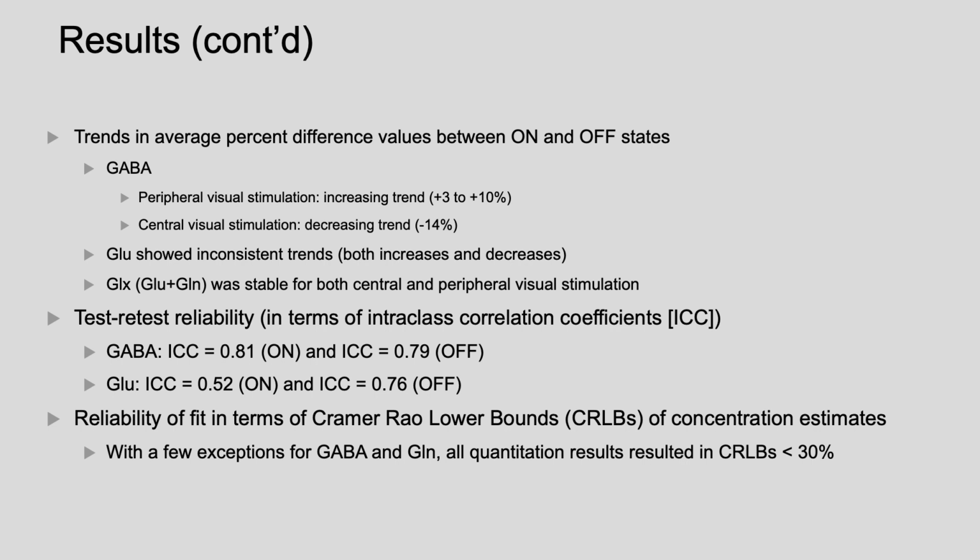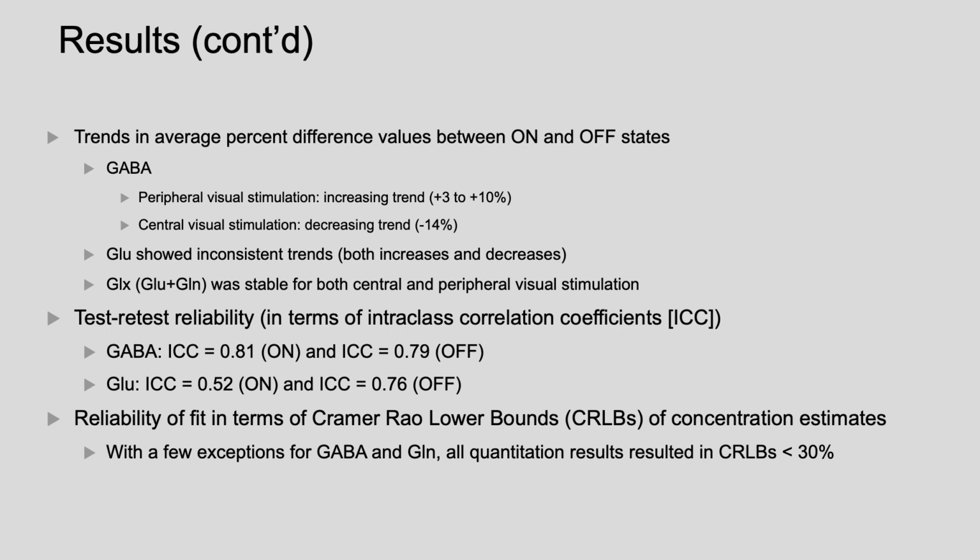However, glutamate did not show a consistent trend, either decreasing or increasing with any type of peripheral or central stimulation. However, the combination GLX was stable in both the central and peripheral visual stimulation. Again, the retest reliability for GABA is higher than the levels for glutamate in terms of the ICC.